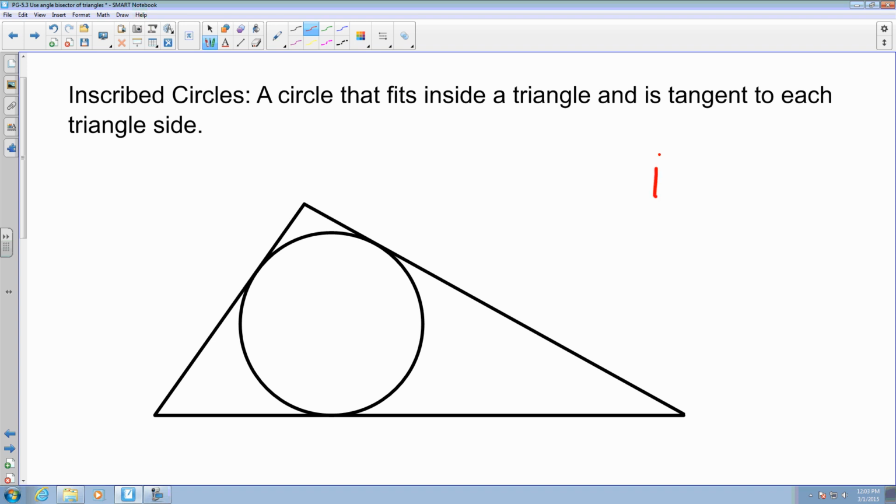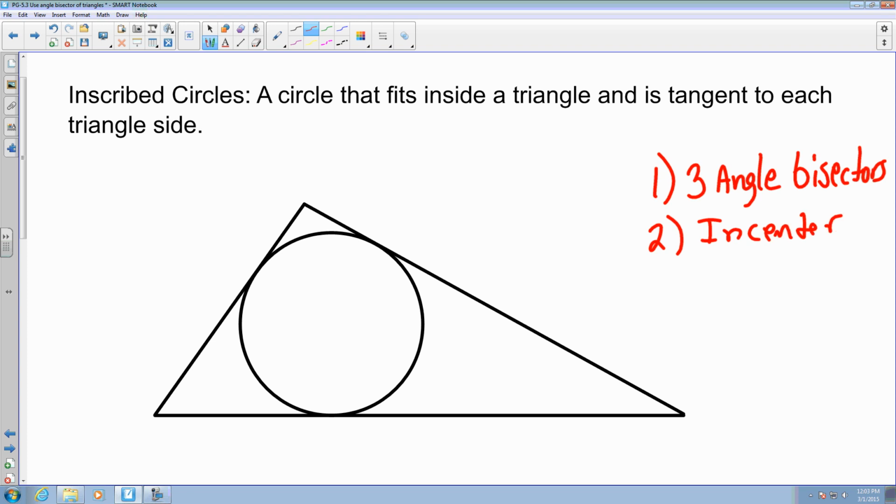So the first thing you need to do is you need to find the 3 angle bisectors of the triangle. Okay, where all they cross is what is called the incenter. All right, you're going to place the center of the circle on the incenter, and from that you're going to get a circle that is inside the triangle, and it fits and is tangent to all 3 sides.